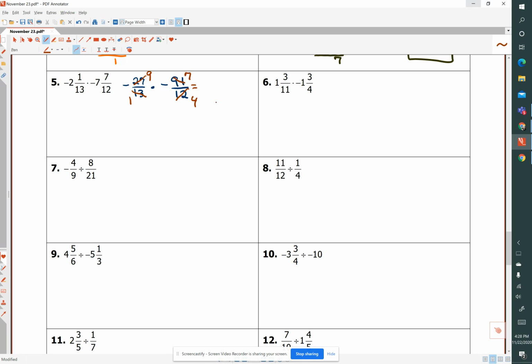So 9 times 7 is 63. Negative times a negative is a positive over 4. And if we take 63 and divide it by 4, it would be 15 times 4 is 60, with 3/4 left over.